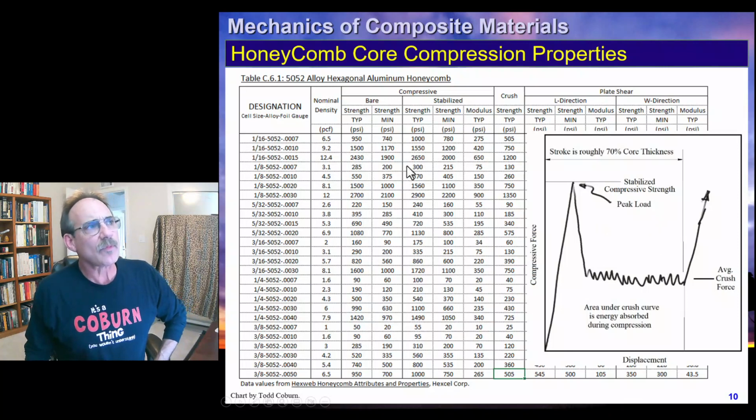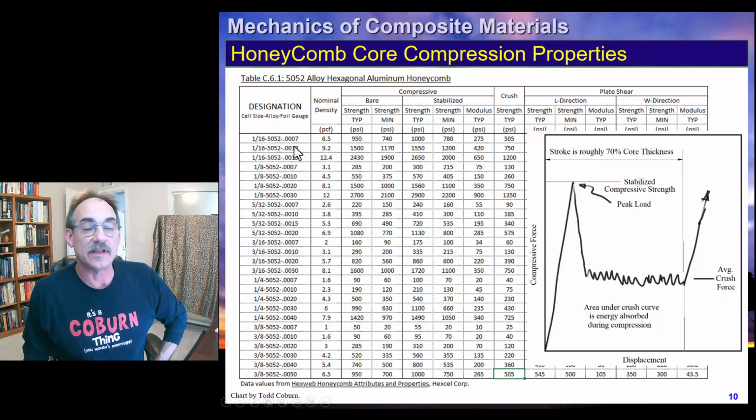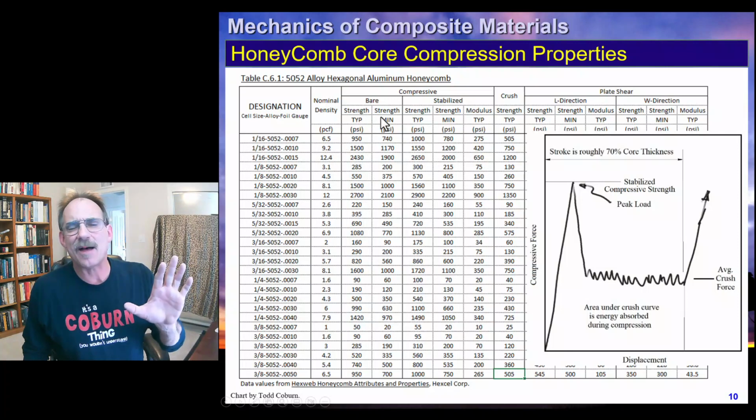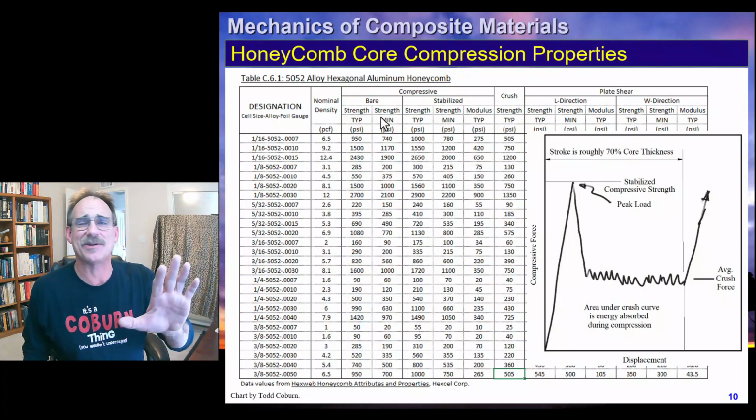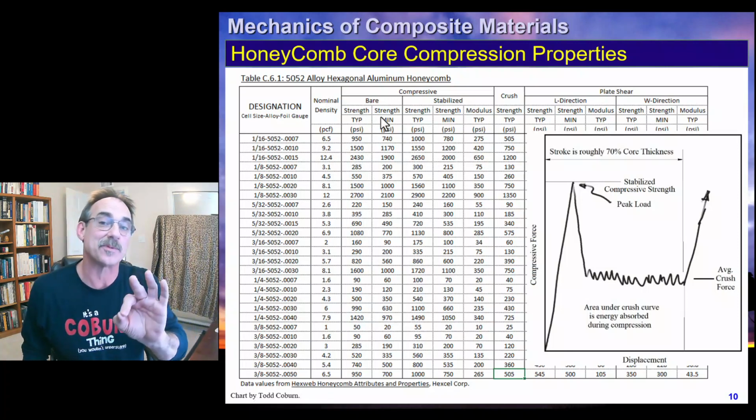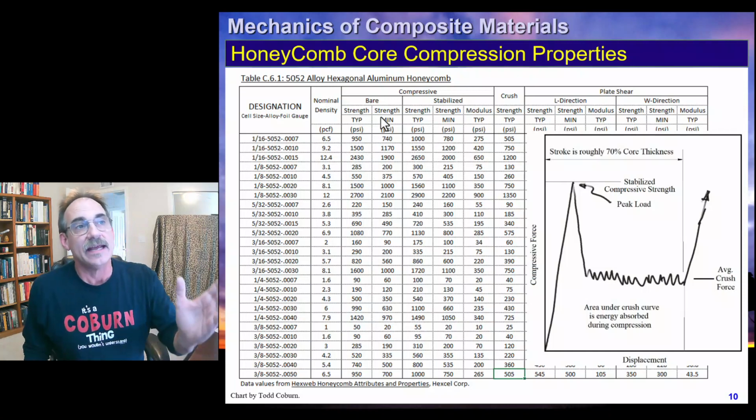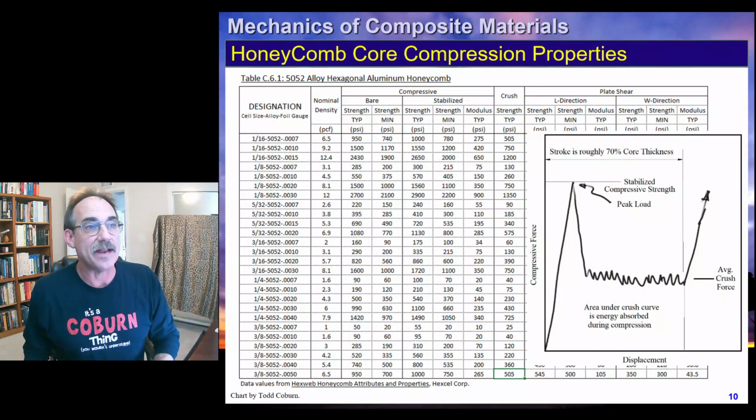You'll notice there's a bazillion values here. We have the designation on the left, the nominal density of the core, and then all these different compressive allowables: bare, stabilized, and crush. Who knows what that means? Well, that's what we're going to talk about, and then the shear strengths, which we'll talk about next. So let's figure out what this means.